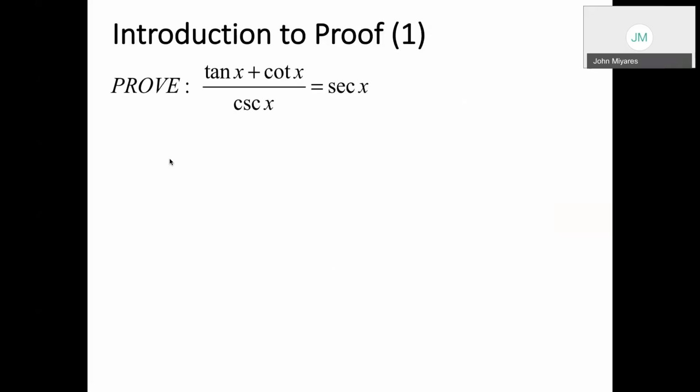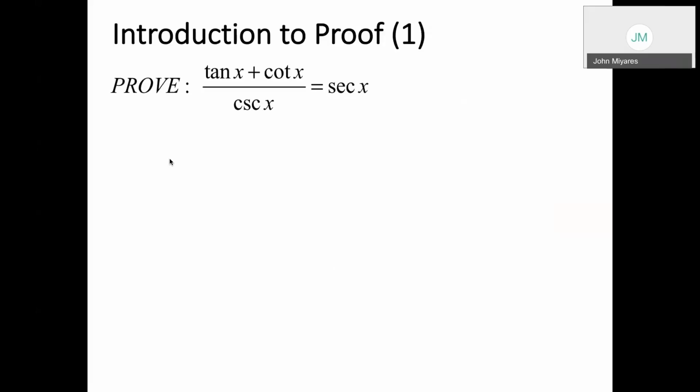This one here might be a good example of where you're told you want to prove that this expression tangent of x plus cotangent of x all divided by cosecant of x can and will reduce to the plain old secant of x. There are multiple ways that we can do this, and I will look at this problem in particular.